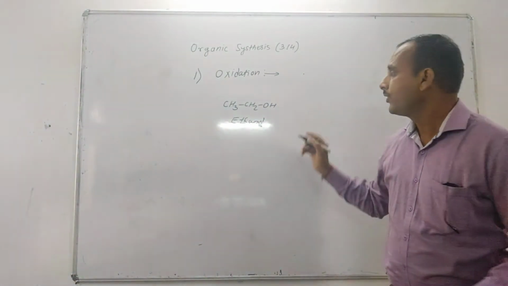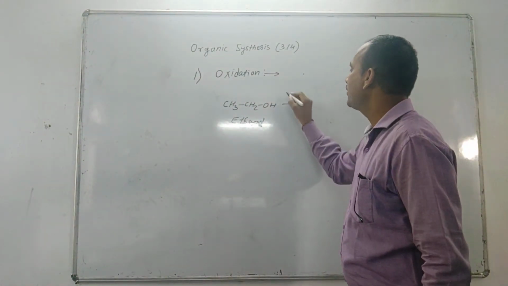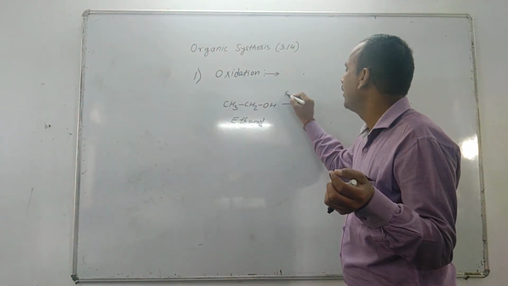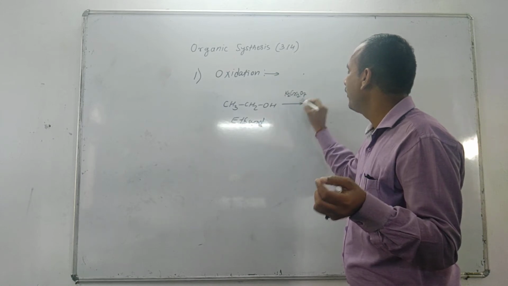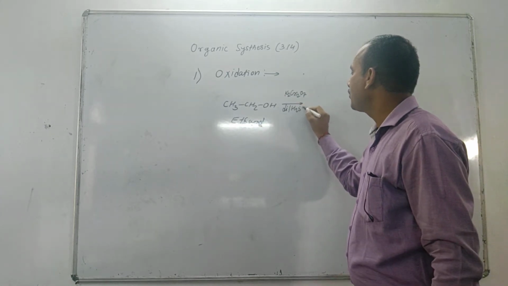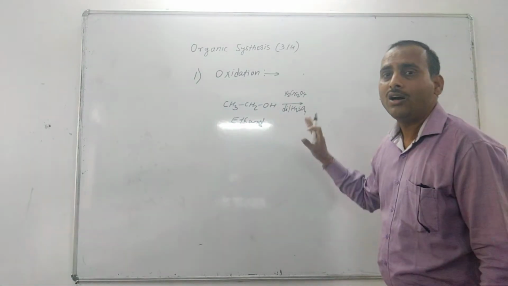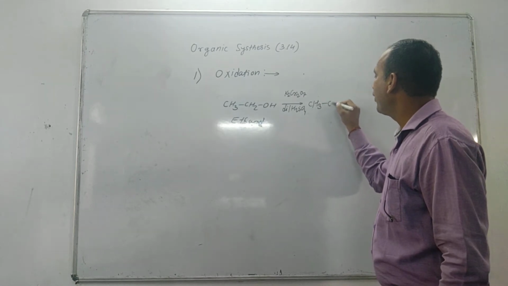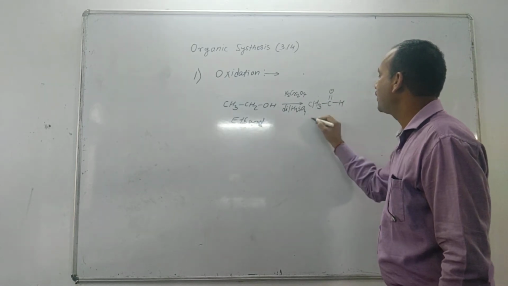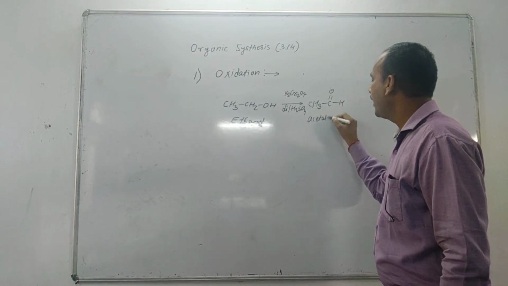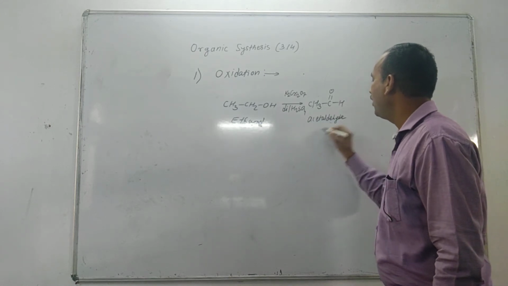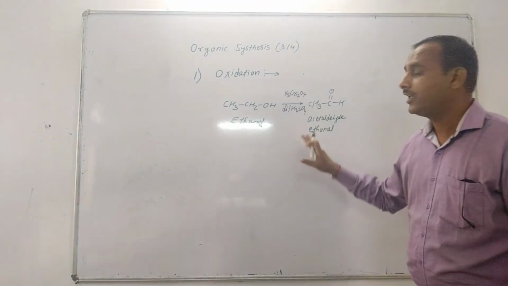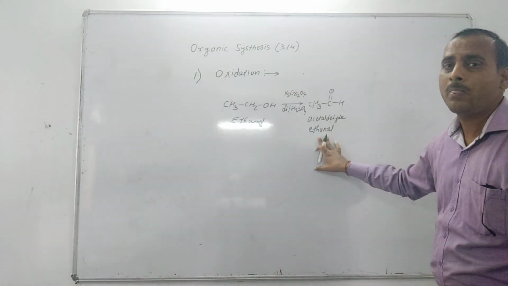This ethanol is oxidized by using a strong oxidizing agent, K2Cr2O7 and dilute H2SO4. By oxidation, this alcohol gets oxidized to aldehyde, that is formation of CH3 C double bond OH, acetaldehyde. It is a common name; the IUPAC name of the aldehyde is ethanal.